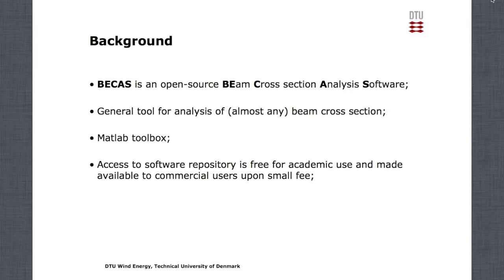Most of the work I'm going to present to you today is applied to wind turbine blade design, since that's the work we carry out here at the section. It's written in MATLAB, and we give access to the software repository. That means the source code for free for academic use, and we ask for a small fee for commercial users.